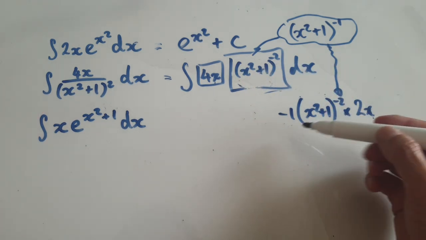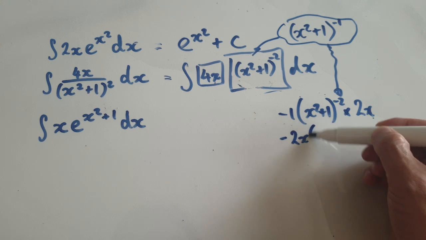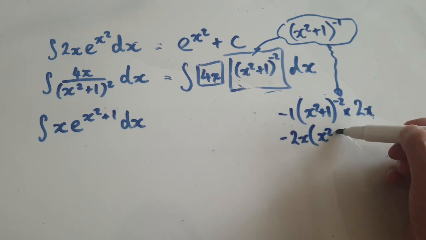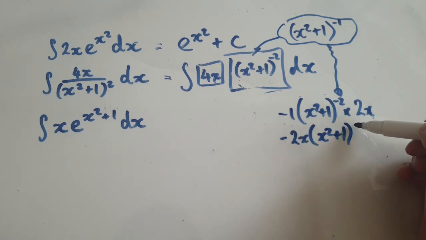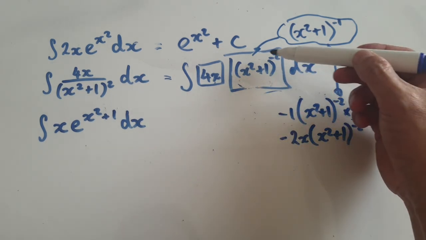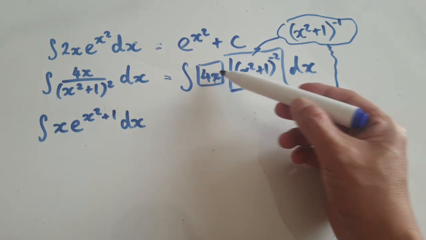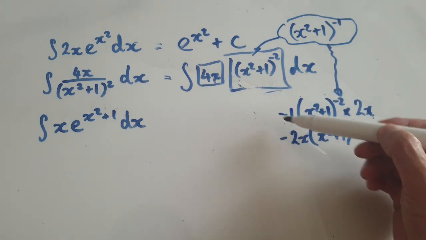So let me just tidy this up. So you've got negative 2x, and then you've got x squared plus 1 to the power of negative 2, which is exactly the same as this. You've got an x here, you've got an x here. You just don't want this negative 2.